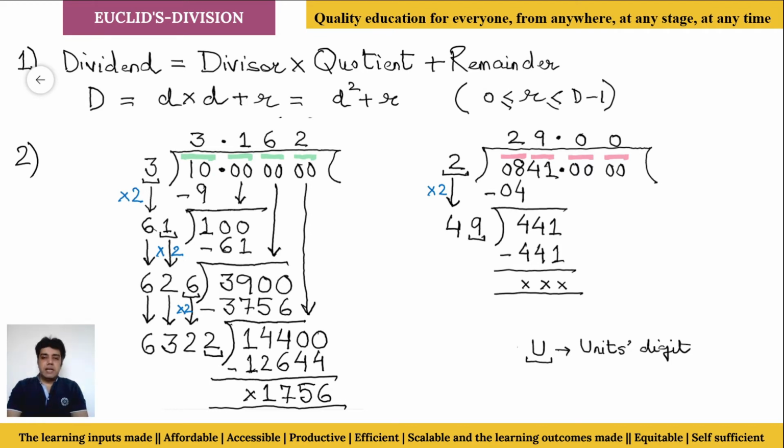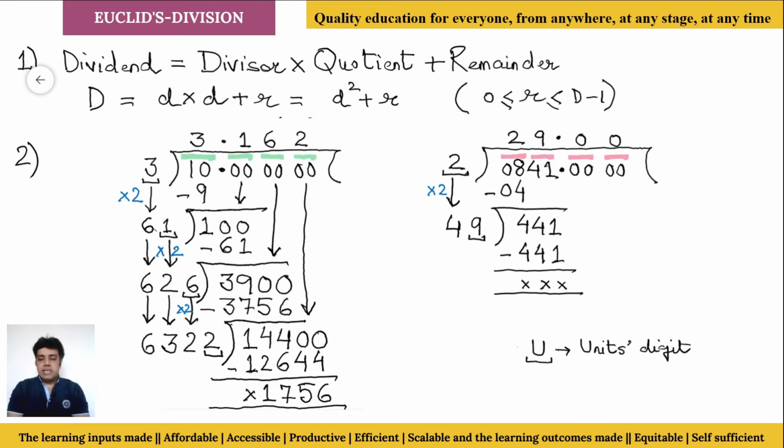Once you have done that, you get a 2-digit second divisor, which is of the format 4 dash. Now you need to identify which digit needs to occupy the place of the dash, such that the same digit has to be written above, in the place of the question mark.